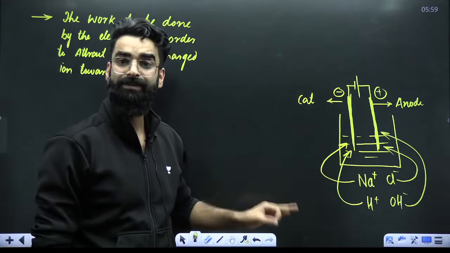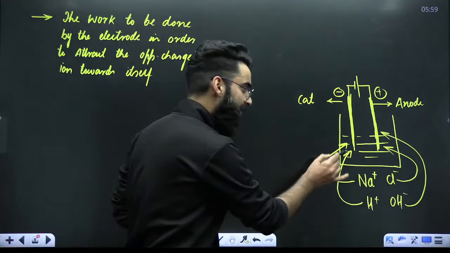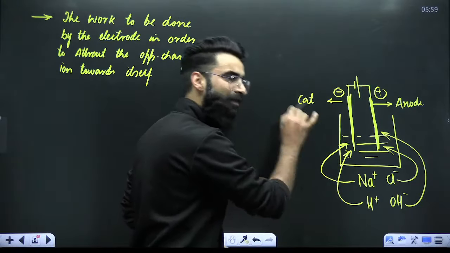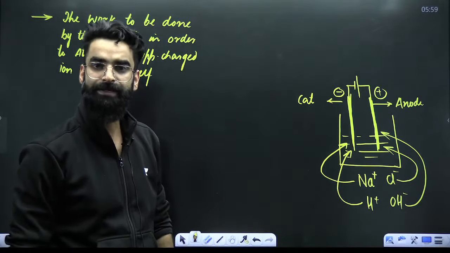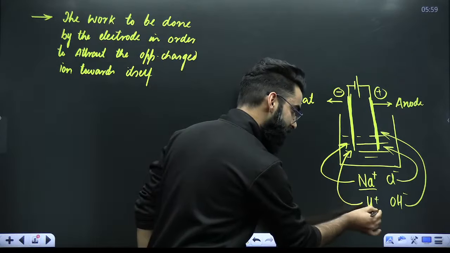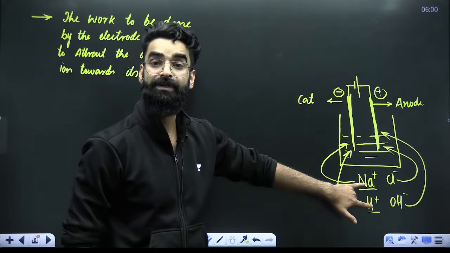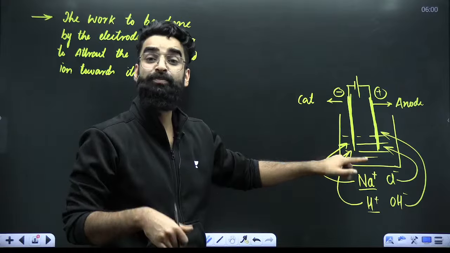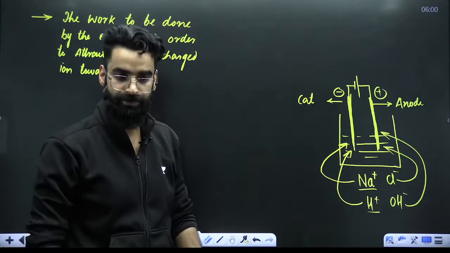So wherever the amount of work to be done by the electrode is less, I'll say that particular ion has the lesser discharge potential, right? So among these two cations, the cation which has lower discharge potential, wherein the electrode has to perform a lesser amount of work to attract it, that cation will undergo reduction.